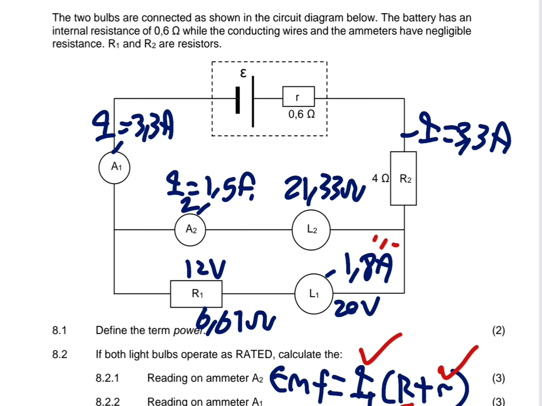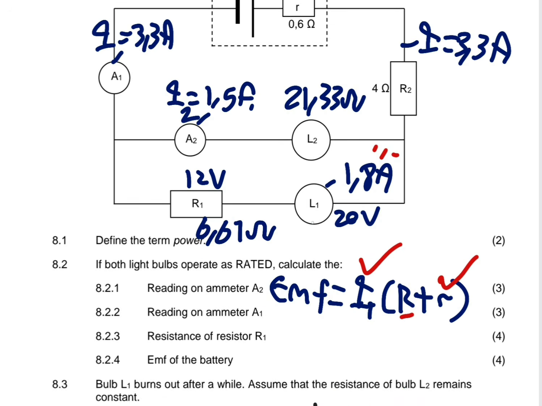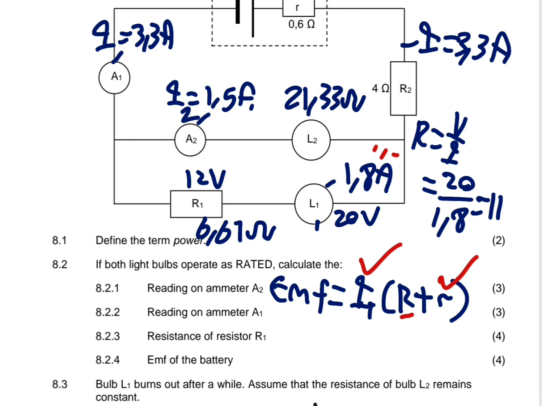We already have the resistance of 6,67, so we'll just also need the resistance of L1. So for the resistance of L1, we can use the same thing. R is equal to V over I. Our voltage is 20, and then our I will be 1,8. So then we have 20 divided by 1,8, which gives us 11,11 ohms.